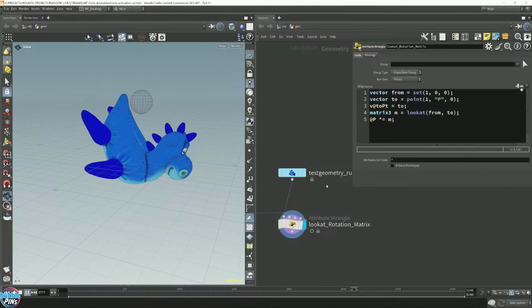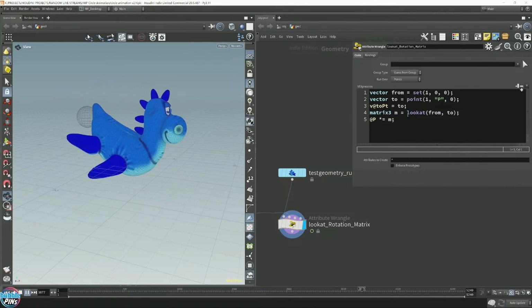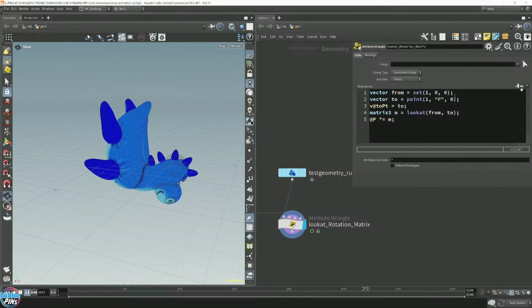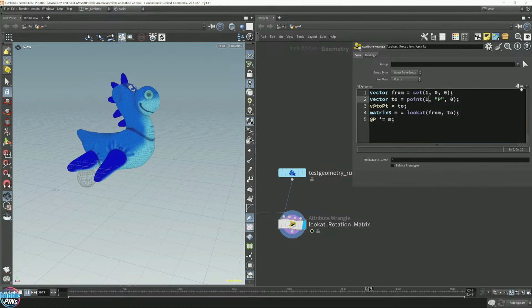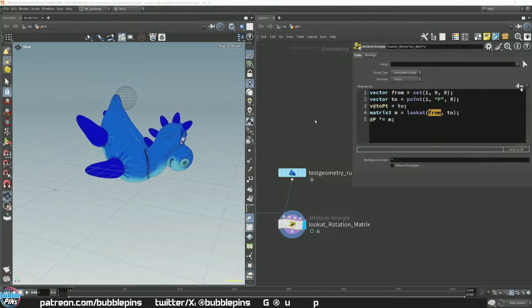Let's see. Okay, I'll just back up to the more important part: the from and the to. I was explaining how the from vector is static. It's 1, 0, 0.